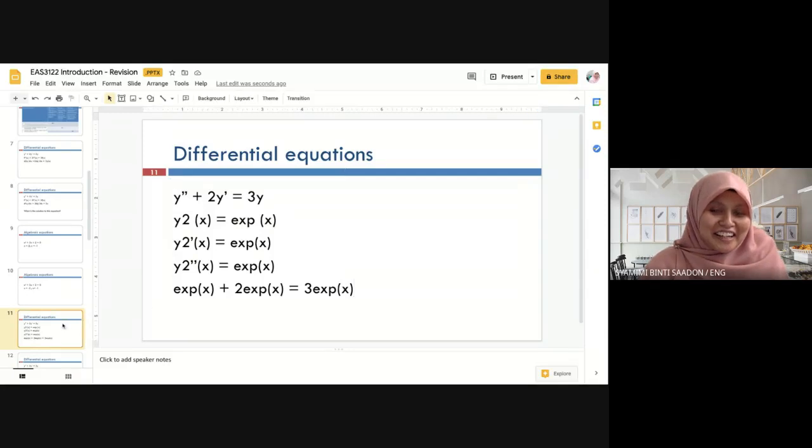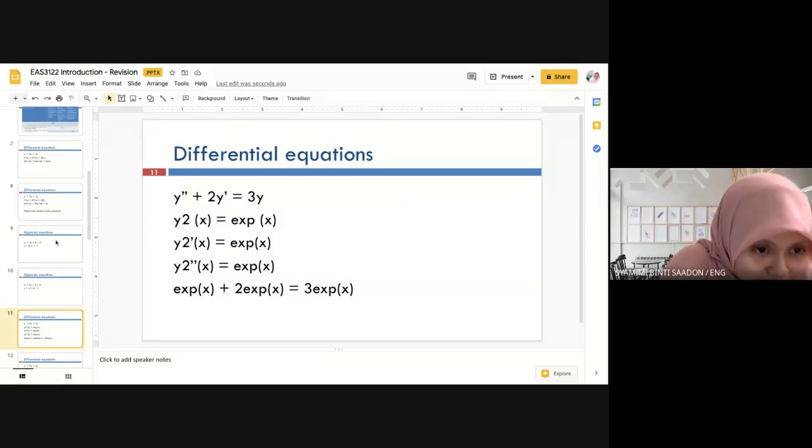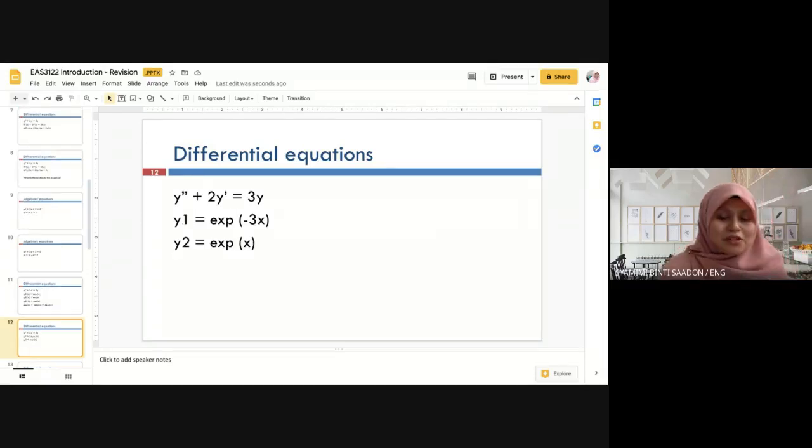Okay. So y1 just now was exponential minus 3x, and y2 was exponential x. So for the differential equation, please do some revisions.